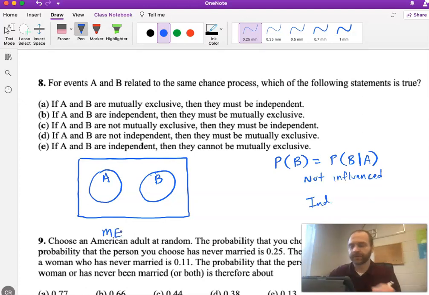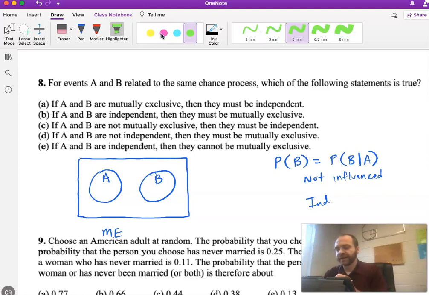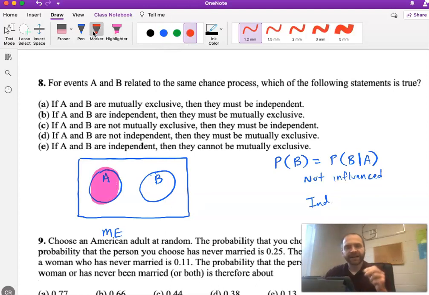Now, why are they not equal? They're not equal because if event A occurs, mutually exclusive means they have nothing in common. And if event A occurs first, there is no way for event B to occur. If event A occurs, there is no part of B inside of event A. There's no overlapping, which means event B cannot occur, so therefore event B is influenced.